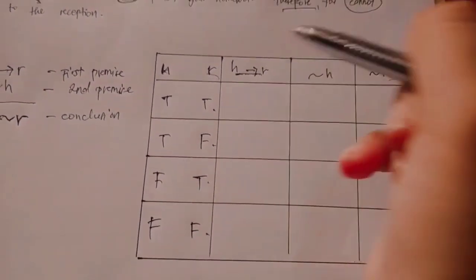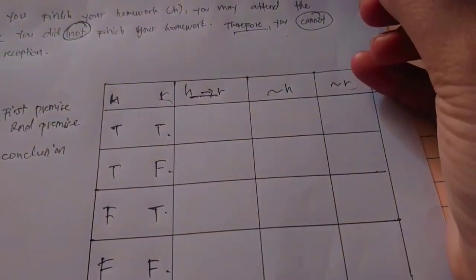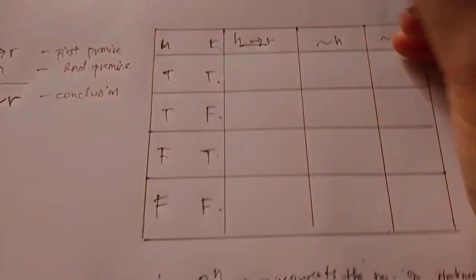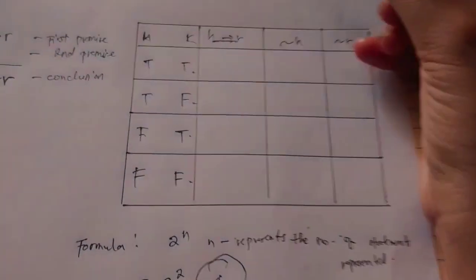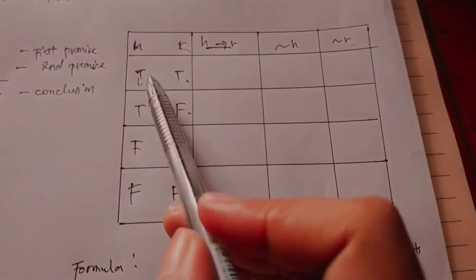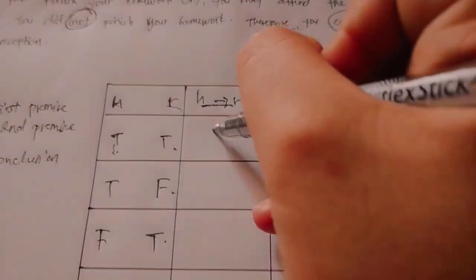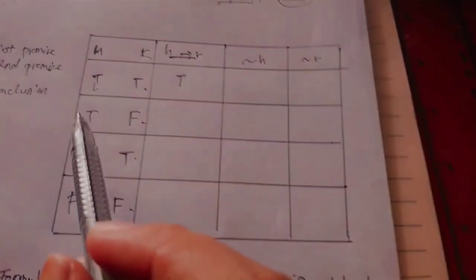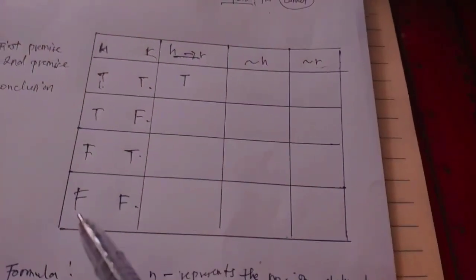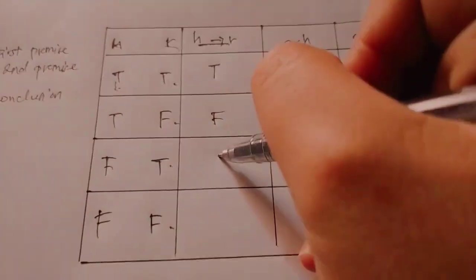The conditional statement can be true if both statements are true, so true and true go to true. Also true if both are false. If the hypothesis is true and the conclusion is false, the statement is false. So it's just like this.